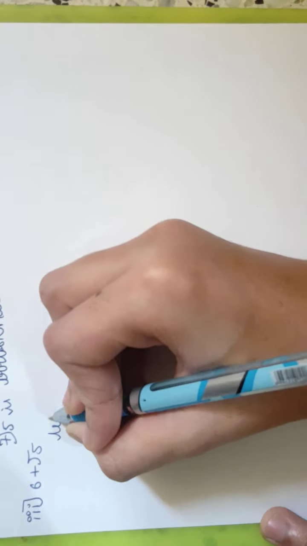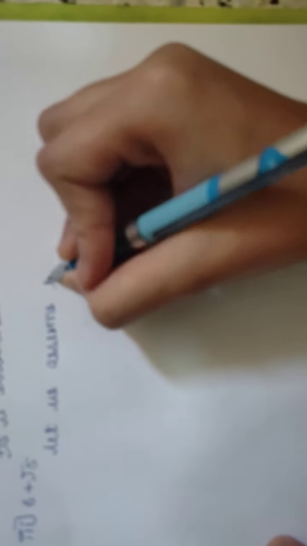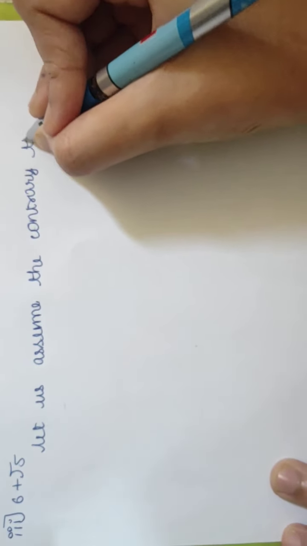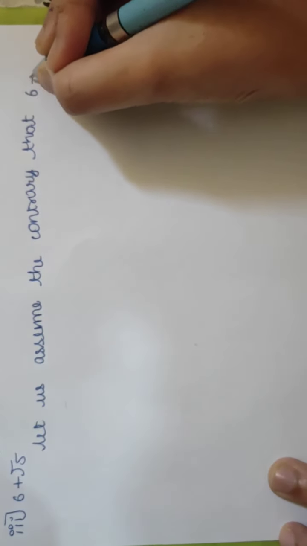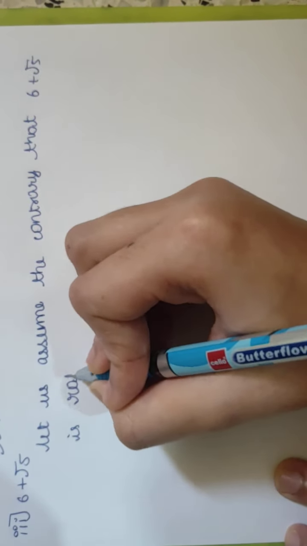And here we have the third sub question, that is we have to prove that 6 plus root 5 is irrational. So let's write down. Let us assume the contrary that 6 plus root 5 is rational.